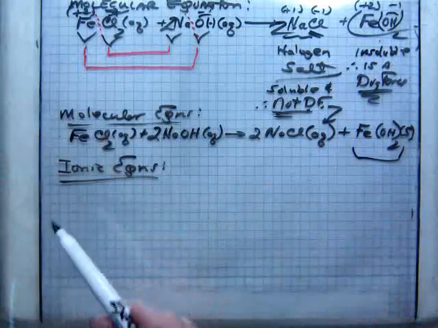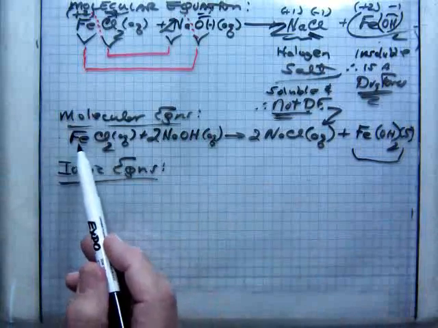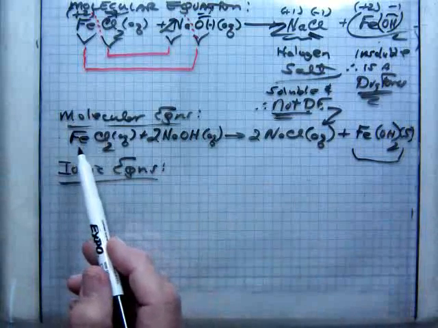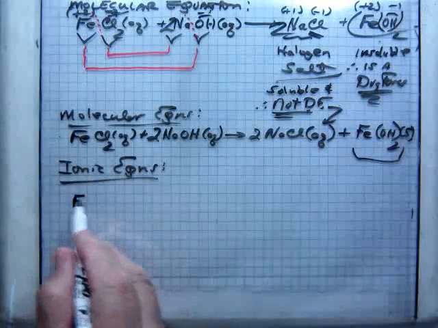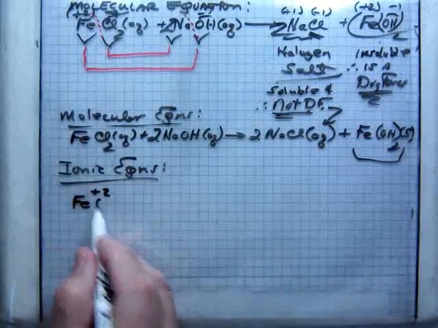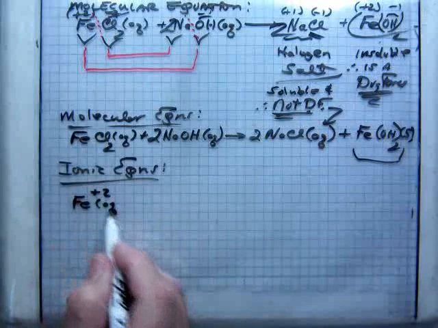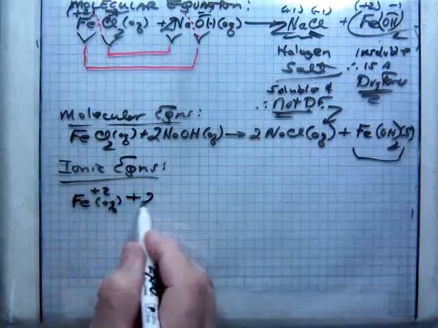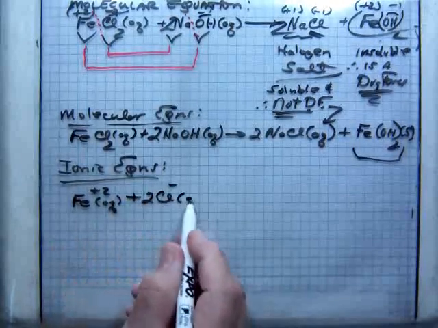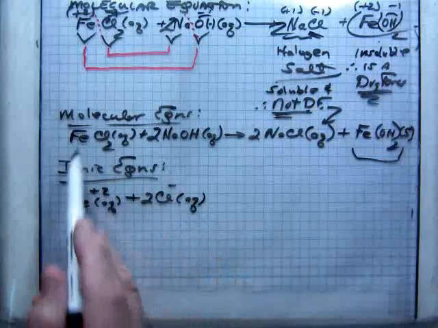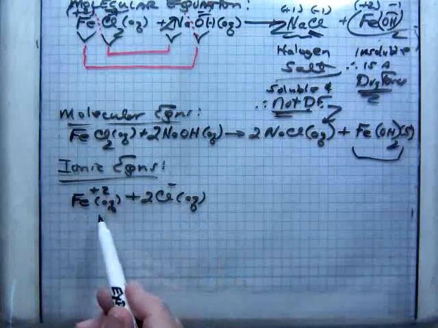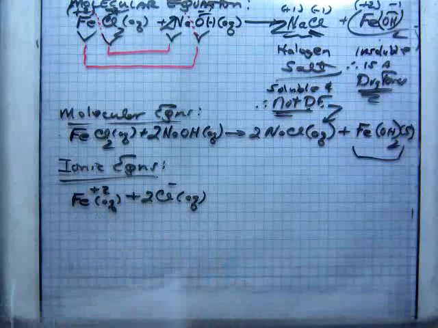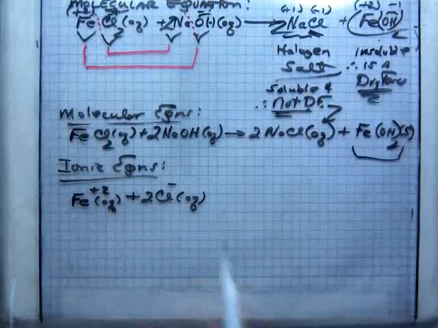And what do I mean by ionic form? The salts will break up into cations and anions. And so iron chloride would be written like this. It shows that when this goes into water, it breaks up into 1 iron plus 2 ion and 2 chloride ions.